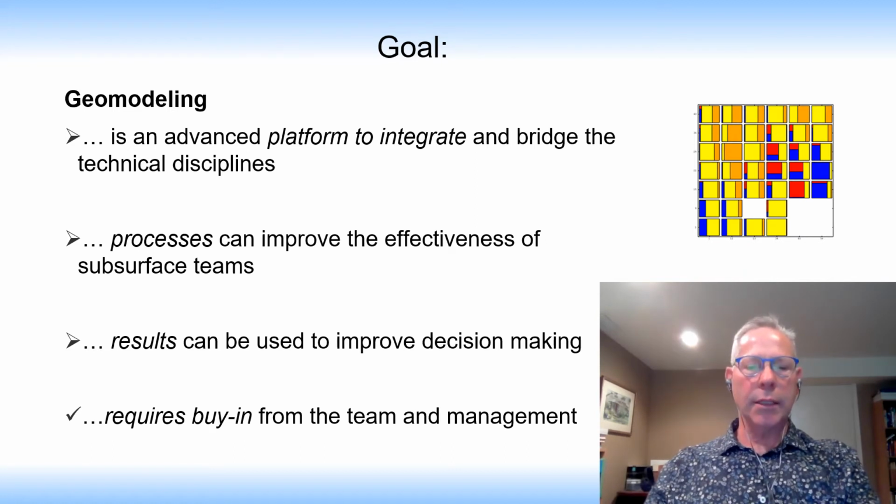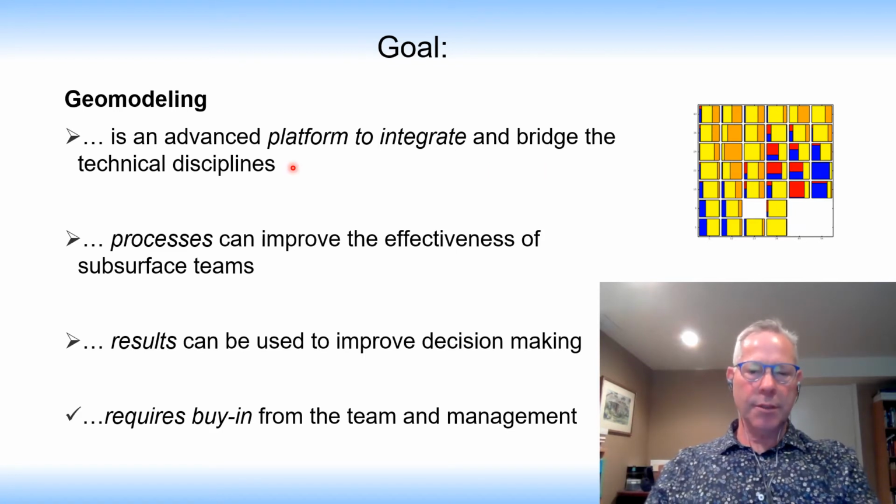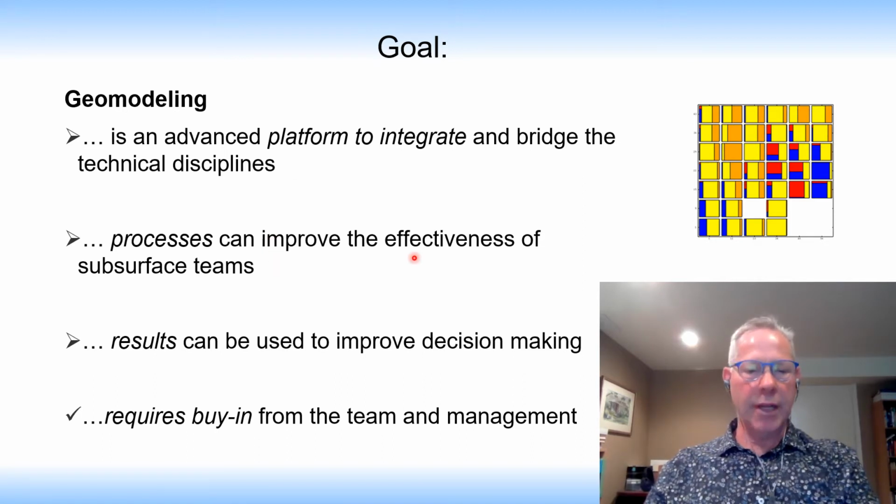So geomodeling is an advanced platform to integrate and bridge the technical disciplines. And geomodeling has processes that can improve the effectiveness of subsurface teams. Those results can be used to improve decision making.